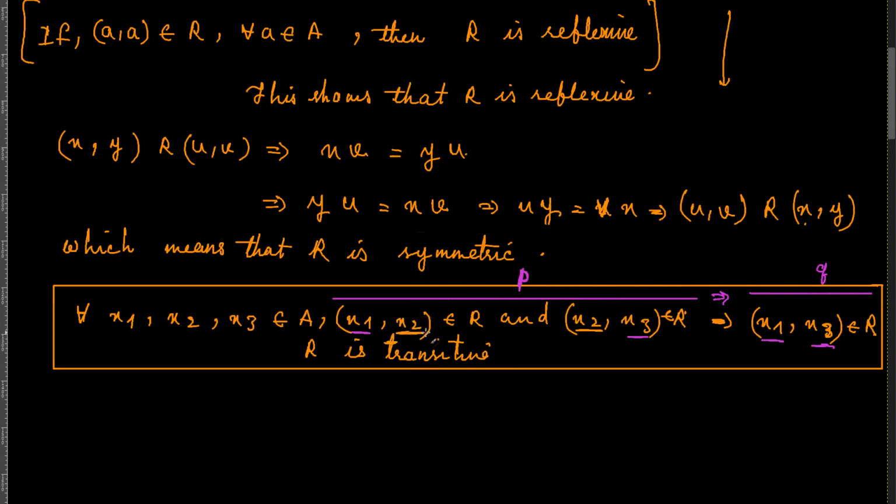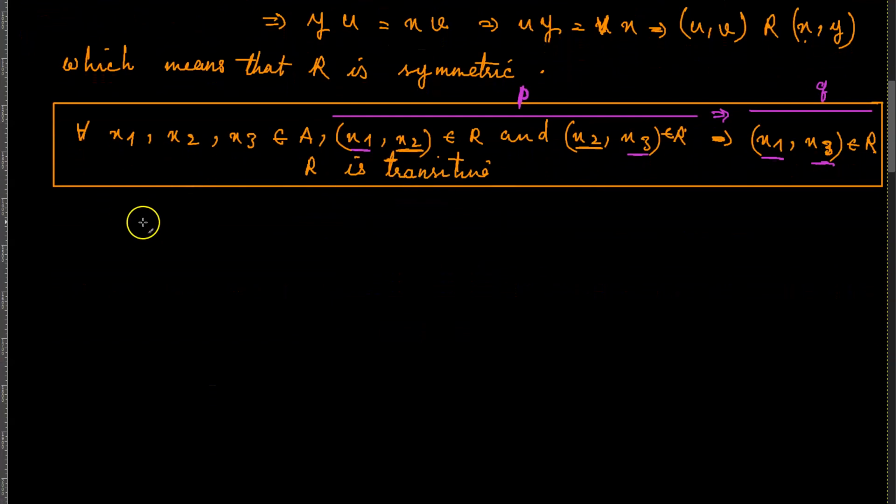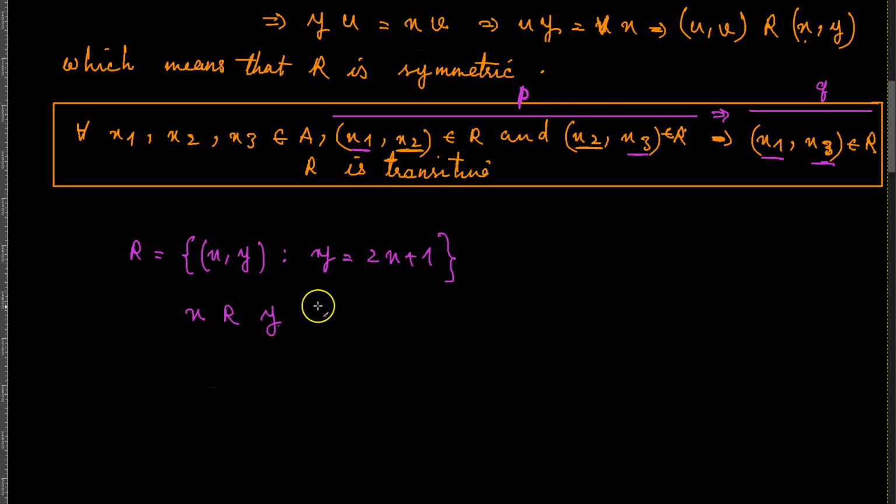Now the situation here is a little bit different. When you talk about a simple relation, for example, let's say R is equal to all the ordered pairs (x, y) such that y is equal to 2x plus 1, what that means is that x is related to y, or another way of saying that would be (x, y) belongs to R if and only if y is equal to 2x plus 1, right?